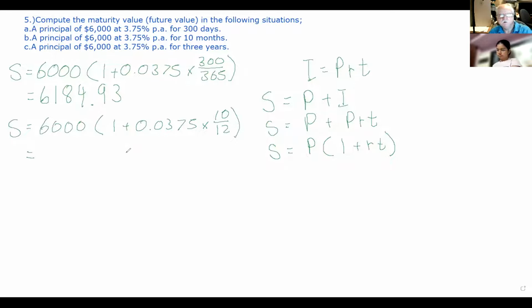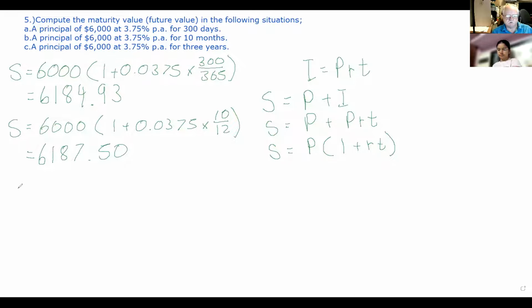And again, we've got to start with the 10 over 12. 10 divided by 12 times 3.75%. And then do the plus 1, and then times 6,000. And I am getting 6,187.50.